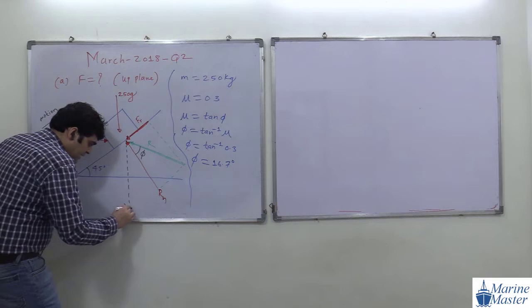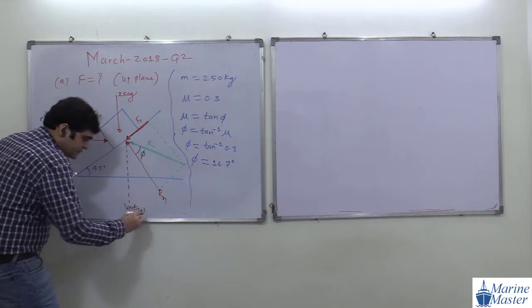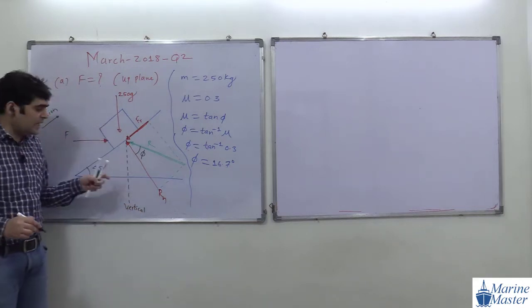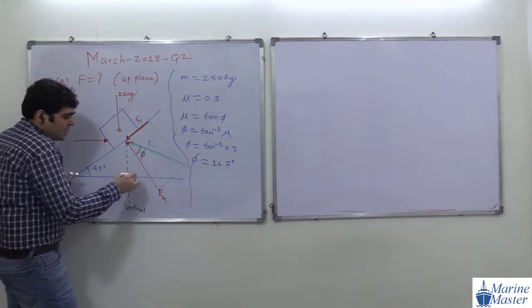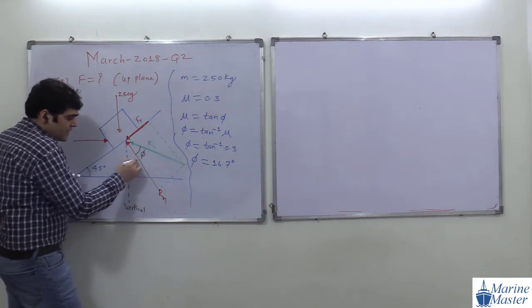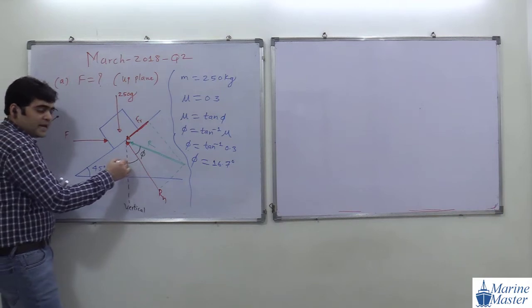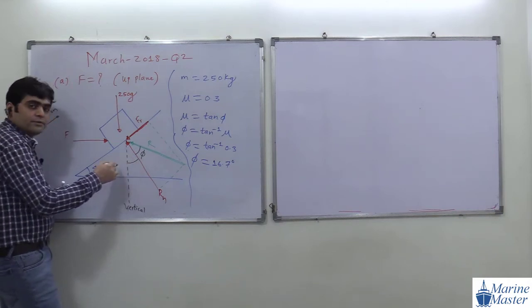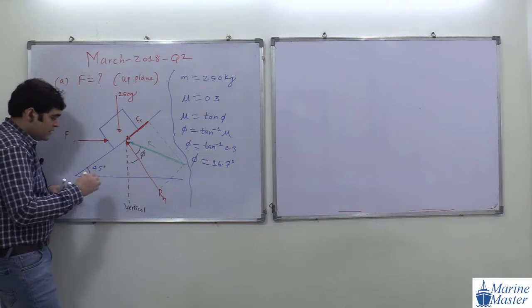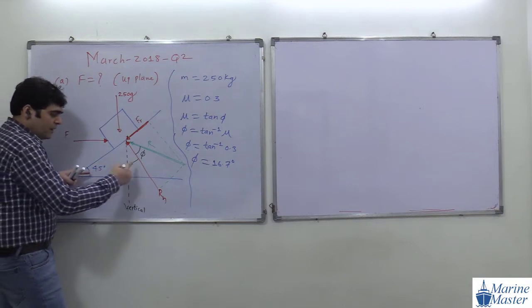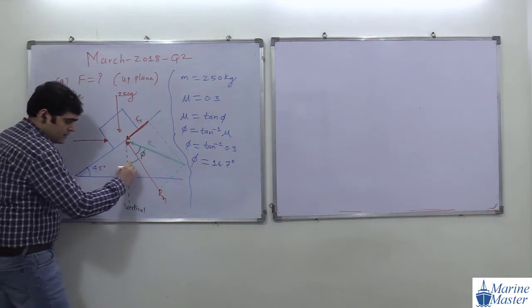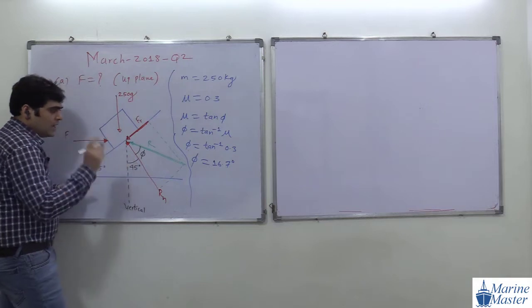The angle between Rn and the vertical, what will this angle be? Same, 45 degrees. Okay, good.